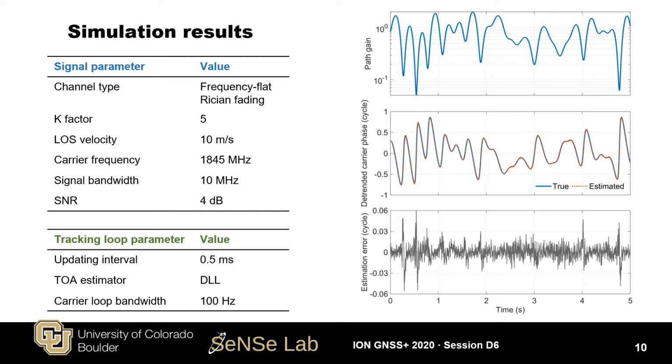It clearly shows that the fast phase changes correspond to deep amplitude fading. The bottom figure gives the carrier phase estimation error, which demonstrates the carrier phase tracking capability of the developed method under channel fading conditions. The maximum magnitude of the estimation error is about 0.06 cycles at around 0.0 seconds with the deepest amplitude fading.